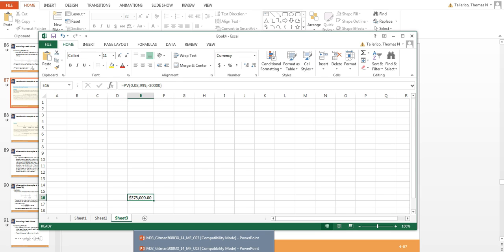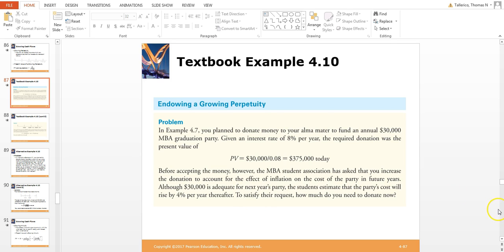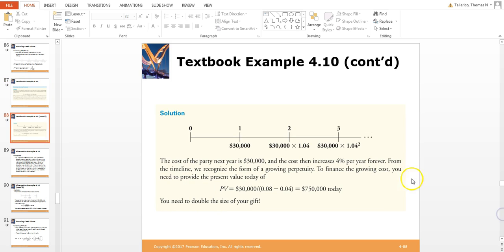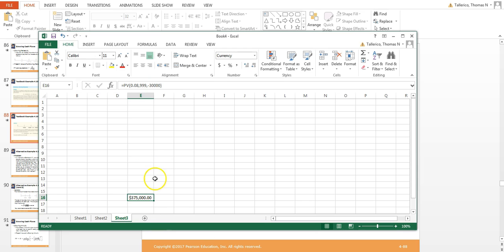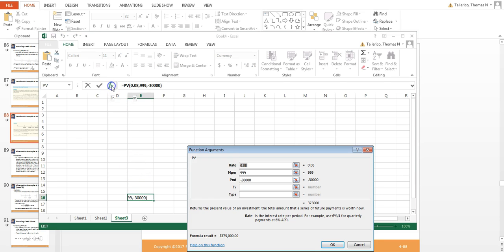All right, so there's another example. Now that's the simple one, and then in the same example, they say we're going to increase it by 4% thereafter. So now you notice they do the 4% subtraction here. All you really have to do is go to Excel and change the interest rate that I had here.